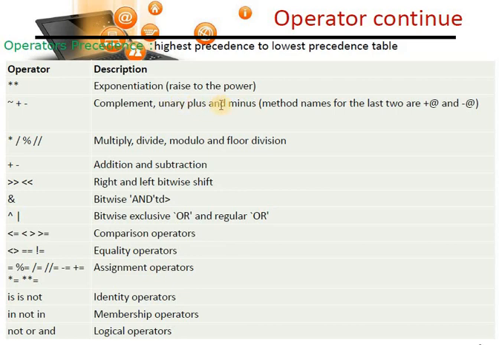Unary plus and unary minus means minus 2, that is the unary minus, plus 2. If plus comes before any number, that means there are the unary operators plus and minus, and then multiply, divide, modulo, floor division, addition, subtraction, and likewise. So it is better to keep the precedence in mind, actually not of all operators, but at least the main operators.